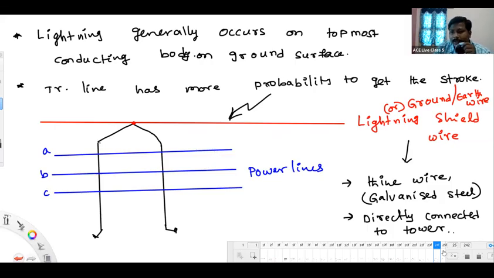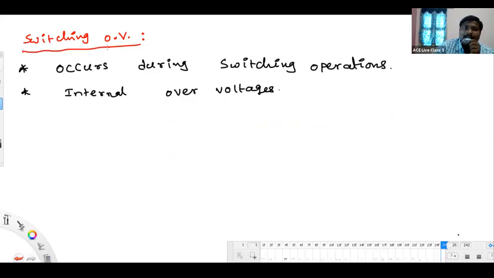Okay, tell me. Are you capable of avoiding the occurrence of switching over voltage in the system? No, we can't avoid it, because we can't avoid the internal switching operations in the power system network. For load disconnection, load addition, line removal, and regular maintenance, we have to do these internal switching operations.